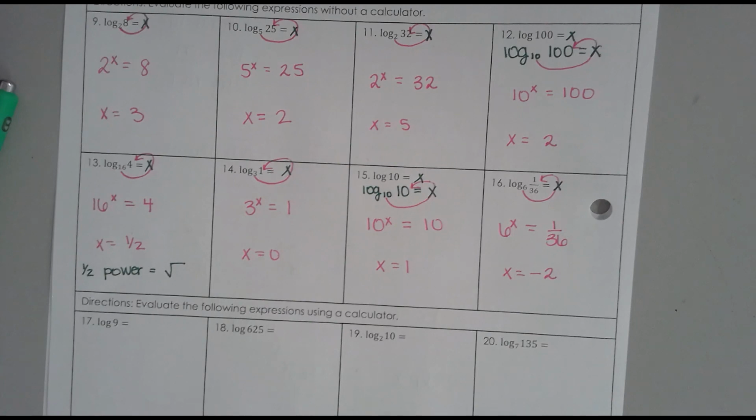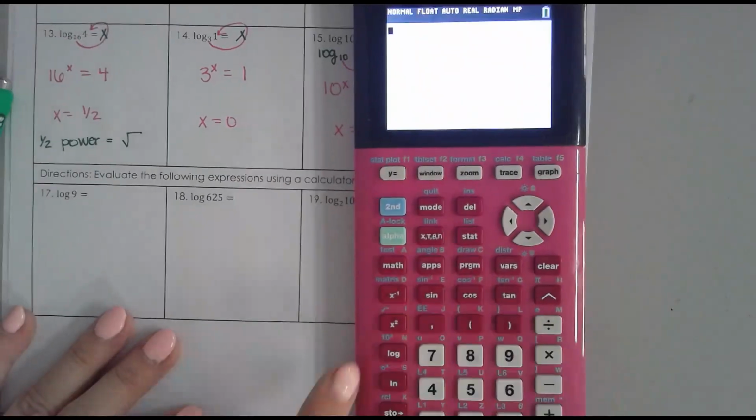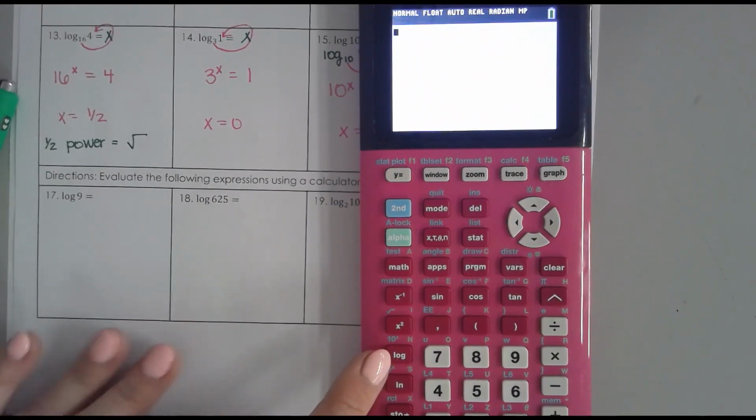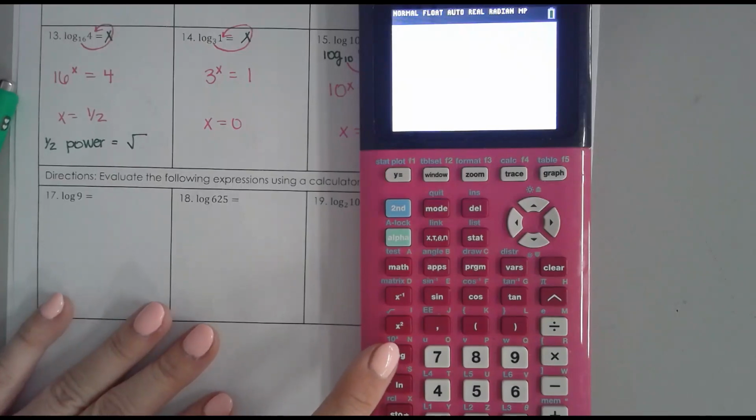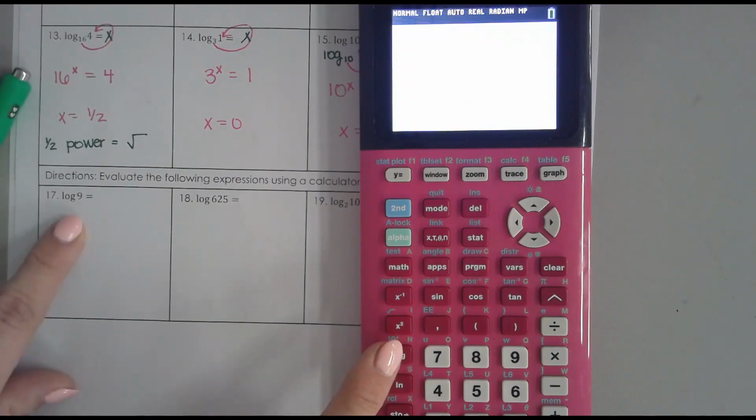Number 17 through 20. So I'm going to show you how to get these. If you see right here by the 7, you see log. If you use this button, it's log base 10. So I can use that on number 17.